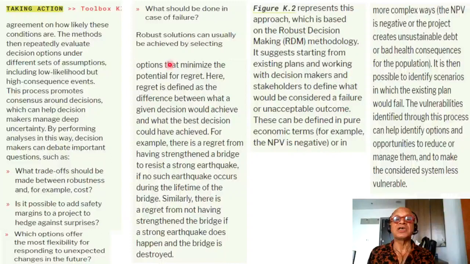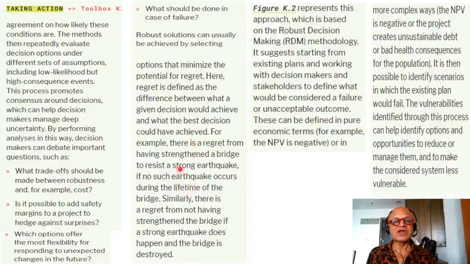What should be done in case of failure? Robust solutions can usually be achieved by selecting options that minimize the potential for regret. Here, regret is defined as the difference between what a given decision would achieve and what the best decision could have achieved. Okay, so that's a no regret decision there.